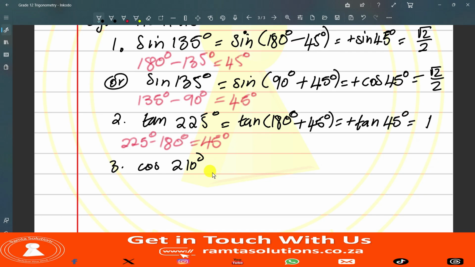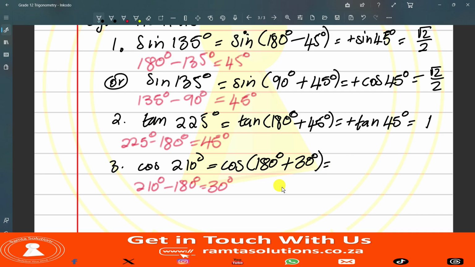Right. Perfect. Now, let's go to cos 210. 210 is also in the third quadrant. So it's 180 plus. Oh, 210 and 180. The biggest is 210. So 210 minus 180 degrees would be 30 degrees. So that means 210 is 180 plus 30 degrees.